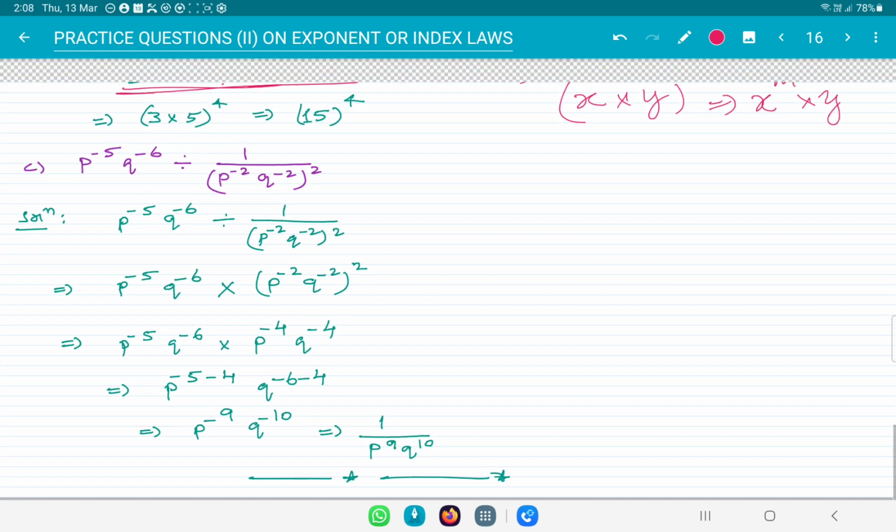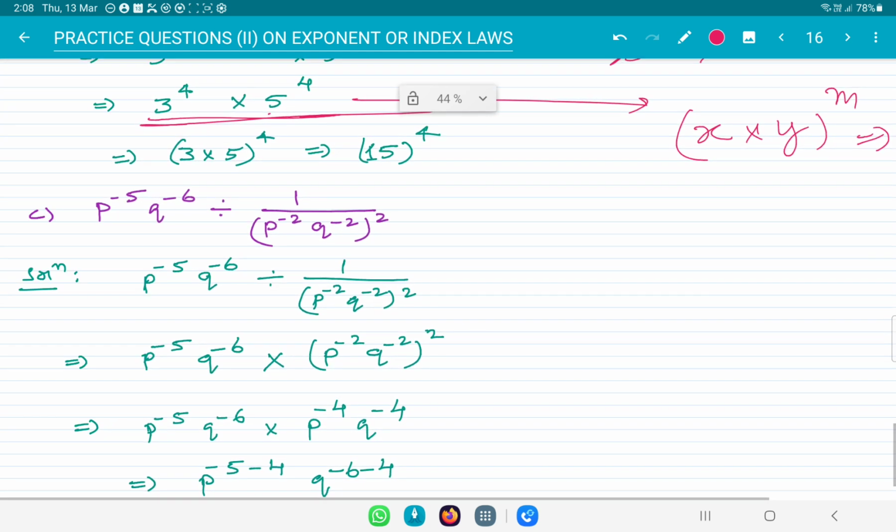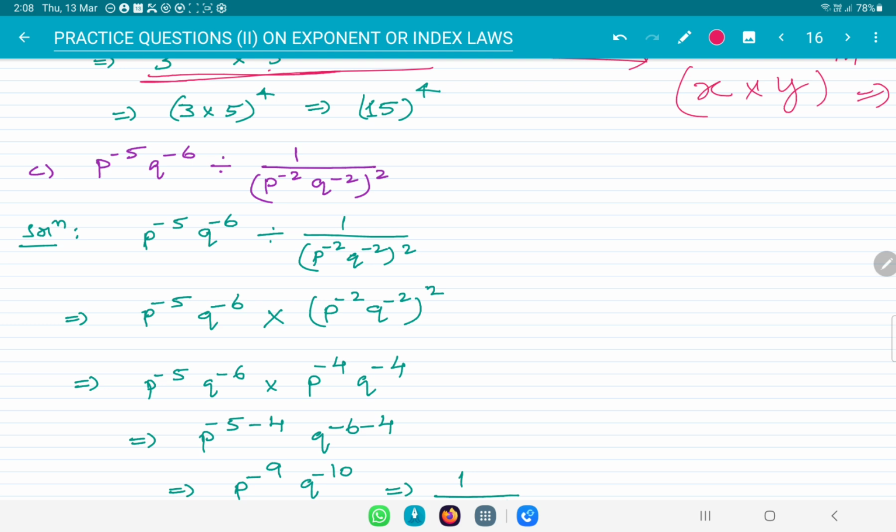Now see the next question. It is in the form of variables. P raised to the power minus 5, Q raised to the power minus 6 divided by 1 upon P raised to the power minus 2, Q raised to the power minus 2 whole square. Okay. So when it comes up, this will become positive.